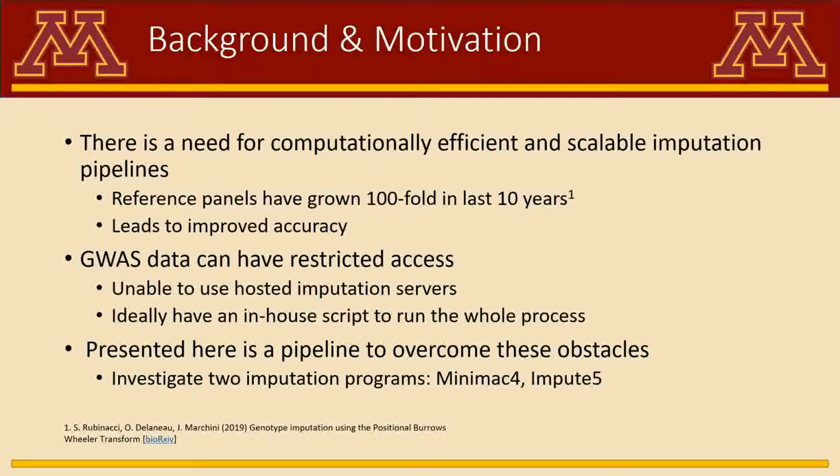Also, GWAS data can have restricted access, which means that using, say, an online imputation service would be impossible to use, and an in-house script for imputation would be much more beneficial. So here I present my pipeline to overcome some of these obstacles by looking at two imputation programs, Minimac4 and Impute5.